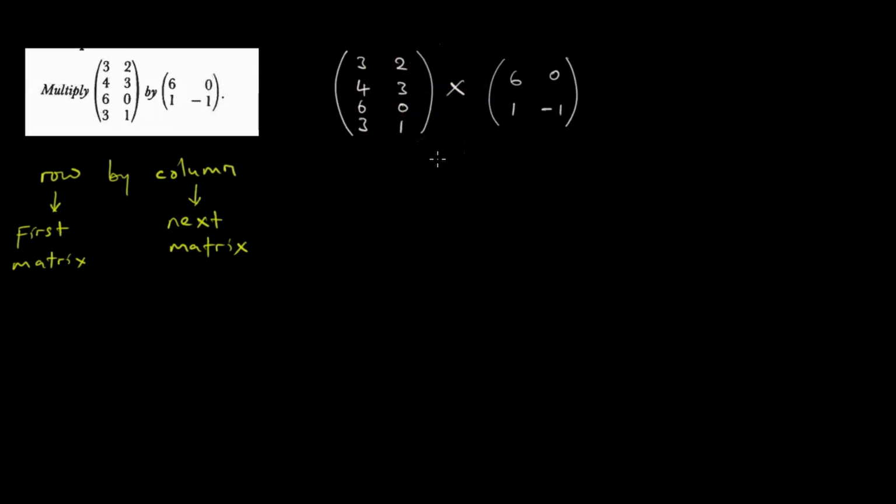Kuti the number of columns in the first matrix anofanira kunge yakafanana ne the number of rows in the next matrix. The reason being, since tati we are going to multiply in this order, row by column, tinotora a row from our first matrix to multiply with a column from the next matrix. Saka kwatinotora a row ndiko kwatinoverenga the number of columns. Kwatinotora a column ndo kwatinoverenga the number of rows.